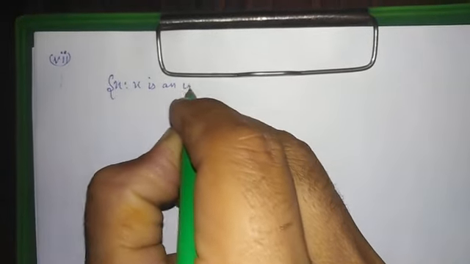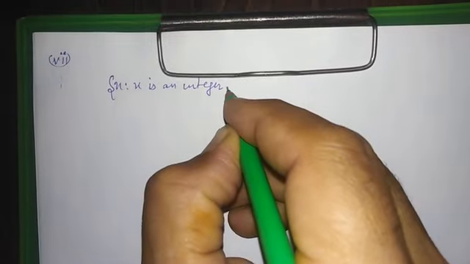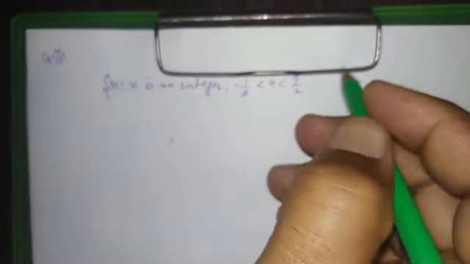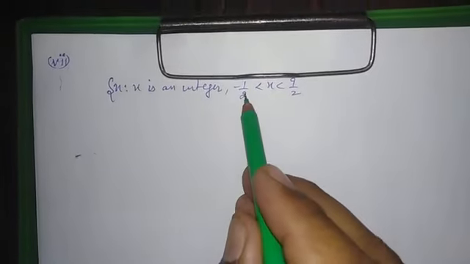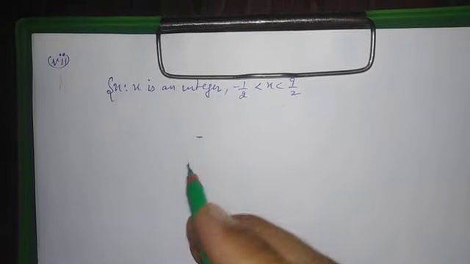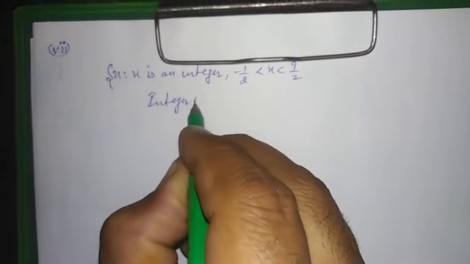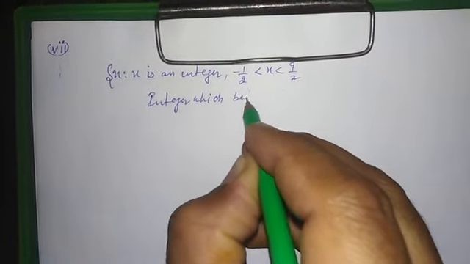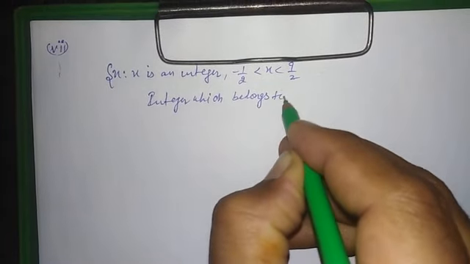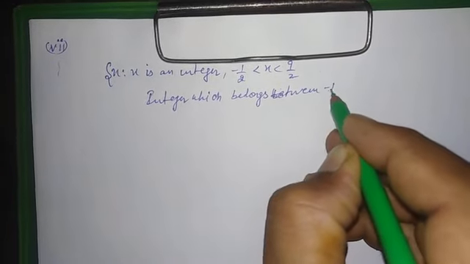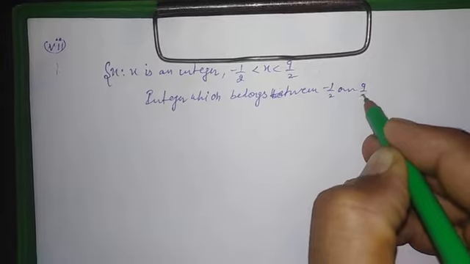Seventh part, x such that x is an integer, x less than... x will be an integer which lies between -1/2 and 9/2.